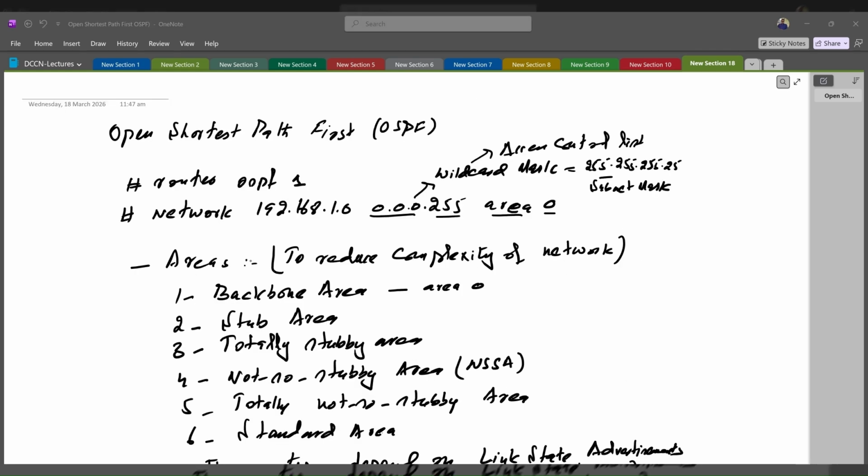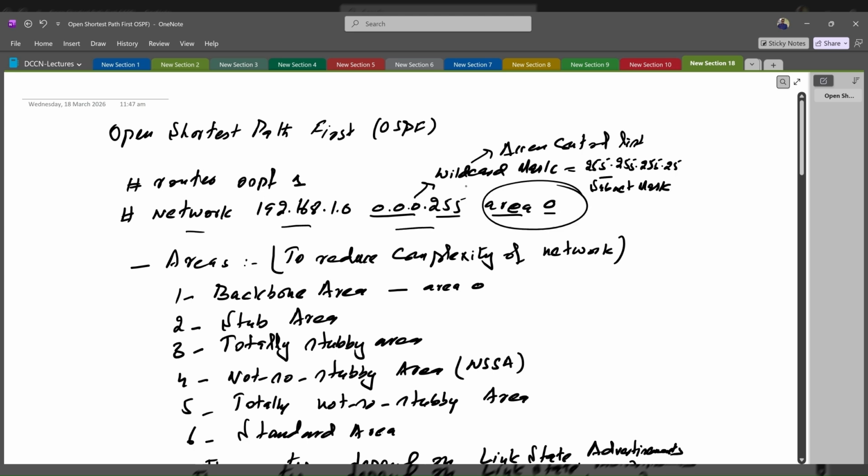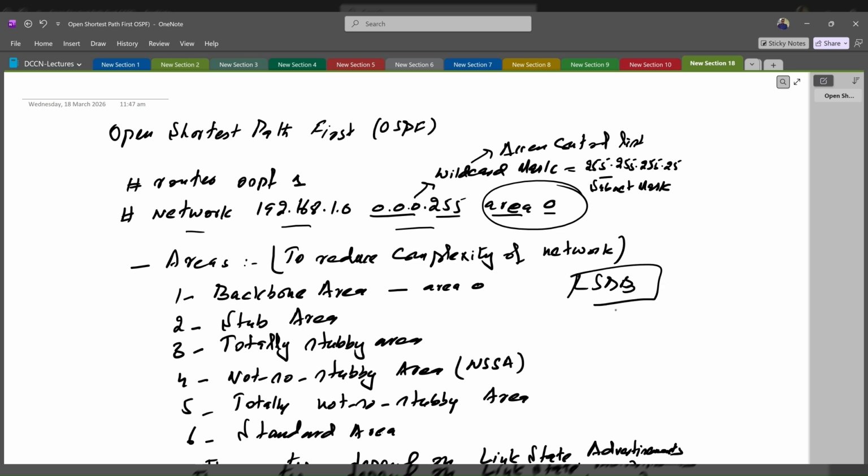Followed by the IP address and subnet mask, we need to give the area. And in order to understand the area, we need to know that this link state database that we maintain on a router, in the case of an OSPF network, we need to break it down so that we need to send fewer link state advertisements.